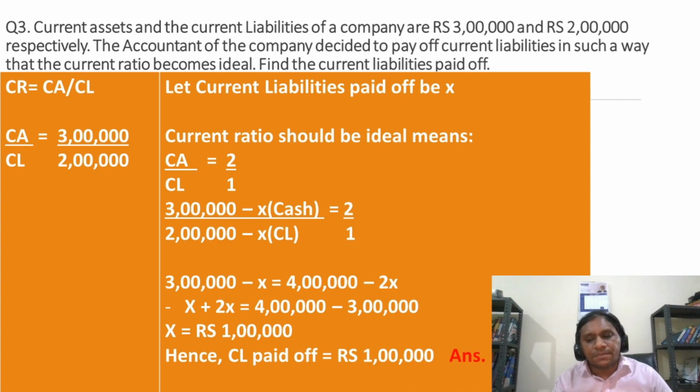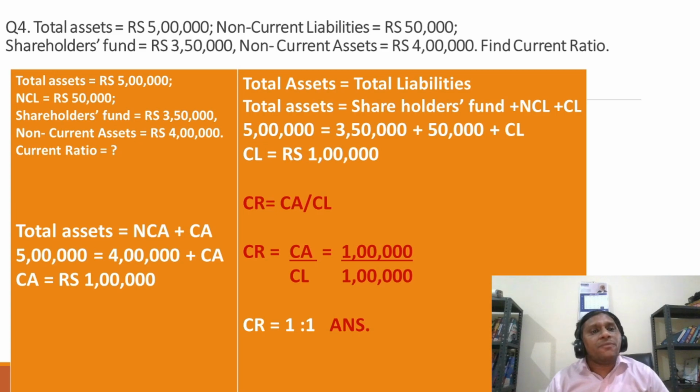Please mind it. So question number 4: total assets is equal to rupees 5 lakh, non-current liabilities is equal to rupees 50,000, shareholders fund is equal to rupees 3,50,000, non-current assets is equal to rupees 4 lakh. Find the current ratio.